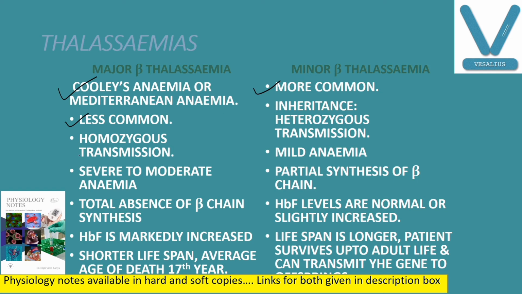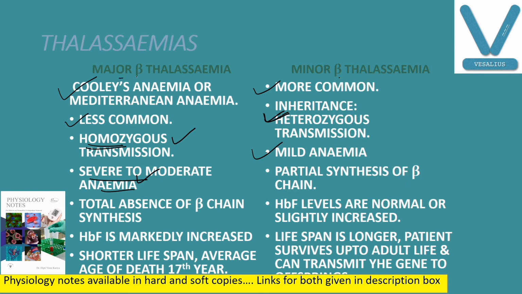Okay, inheritance here, if the individual is homozygous, means both the chromosomes have the thalassemia gene, then the person has major thalassemia. Heterozygous means only one chromosome has the thalassemia gene. Here the person has severe to moderate anemia, whereas mild anemia is there in minor thalassemia.